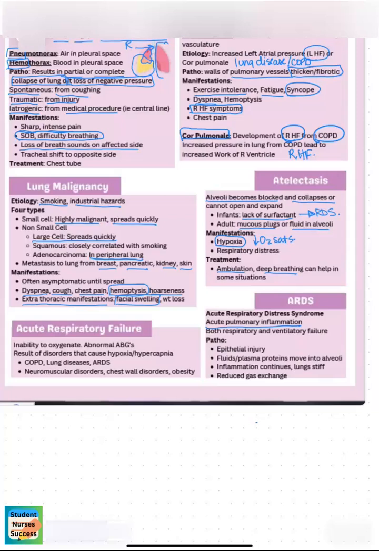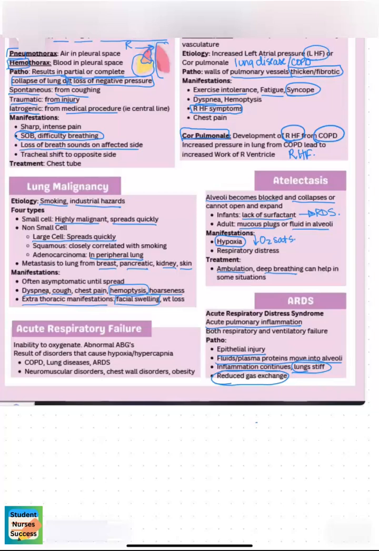What we see in acute respiratory distress syndrome is there's some type of epithelial injury and it causes an inflammatory response. Fluids and plasma proteins kind of move into those alveoli. It's more of an acute, quicker onset from maybe trauma or very serious illness. And as that inflammation continues, the lungs become stiffer and non-compliant, and we see reduced gas exchange.